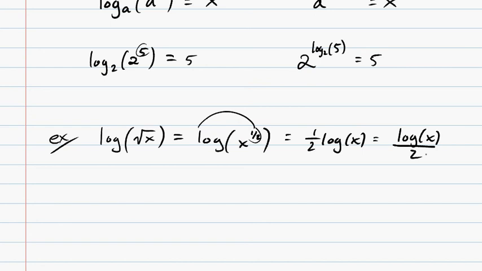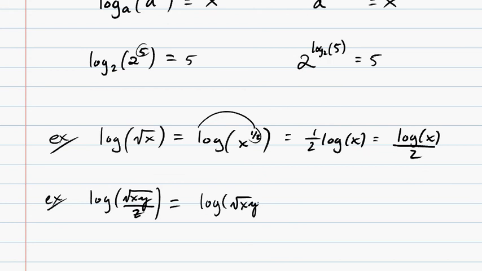And so you'll see that on the assignment. You'll see like log of x over 2, and you'll see log of square root of x. Just know that those are related. So, for example here, let's take the square root of xy all over z and expand that. So first, because this is a fraction, I could write it like this: minus log of z.